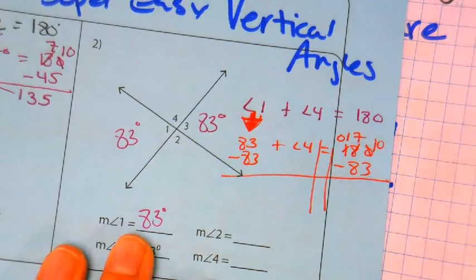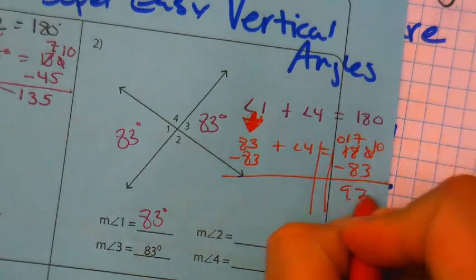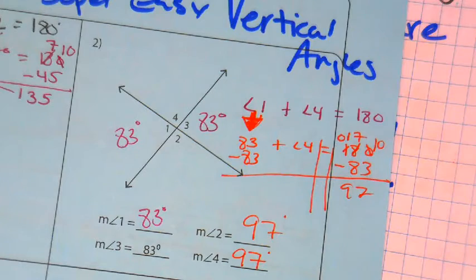All right, that's how you have to borrow. 97? Yep. Not 98, right? 97. Okay, we good? We okay?